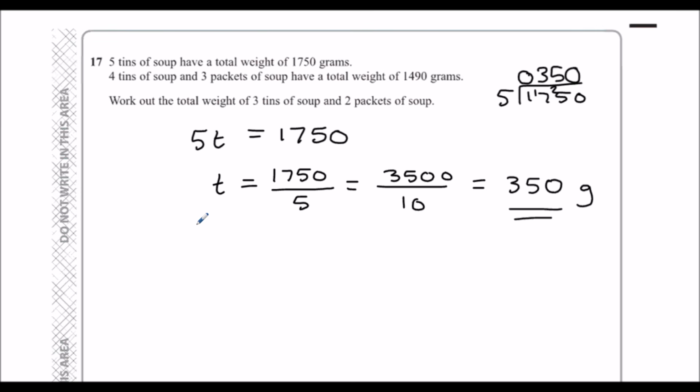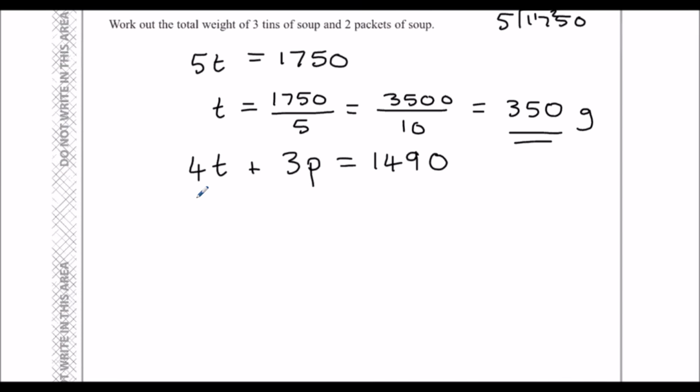And we know 4 tins of soup, so I'll write 4t, and 3 packets of soup, and 3p equals 1490. And t is 350. So 4 tins of soup is 4 350s plus 3p equals 1,490. 4 350s, 2 350s are 700.